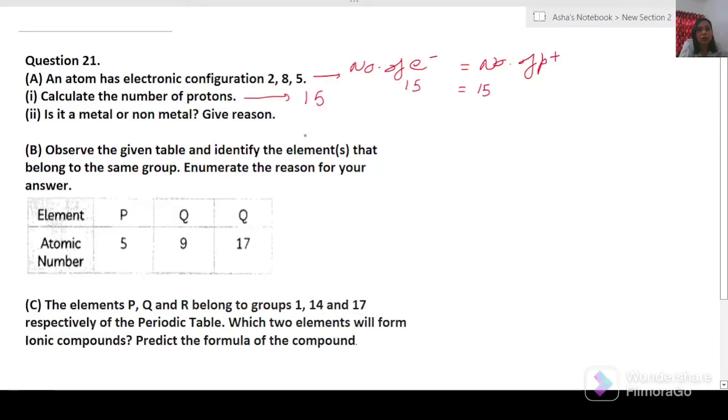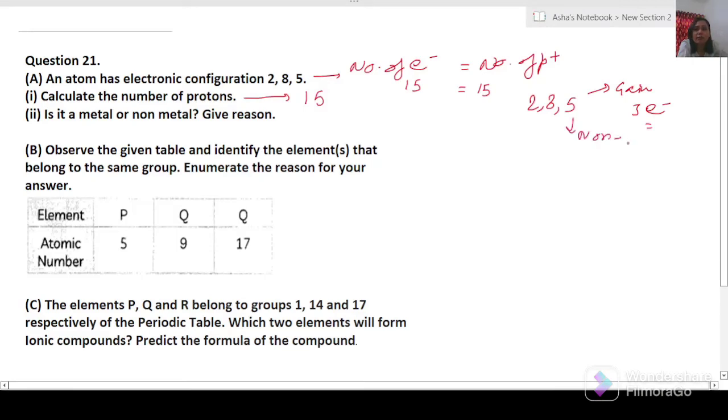Is it a metal or a non-metal? You can see its electronic configuration. It is 2, 8, 5. So it will try to gain 3 more electrons. If it is gaining, it is a non-metal because metals always lose, right? So it is a non-metal.